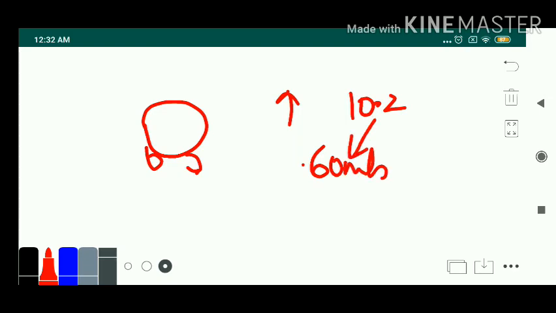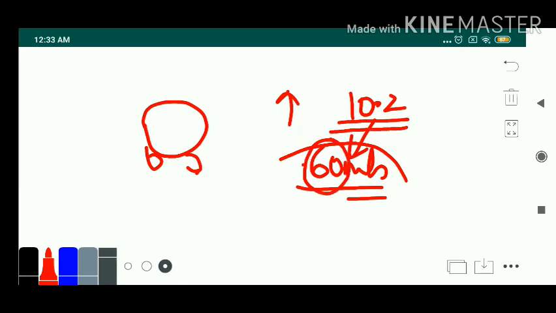At 10.2, when I looked at the speedometer of my car, I found it as 60 meter per second. That means this is the velocity at that instant, and that 60 meter per second is my instantaneous velocity, right? That means the time is very short, like one clap second, right?